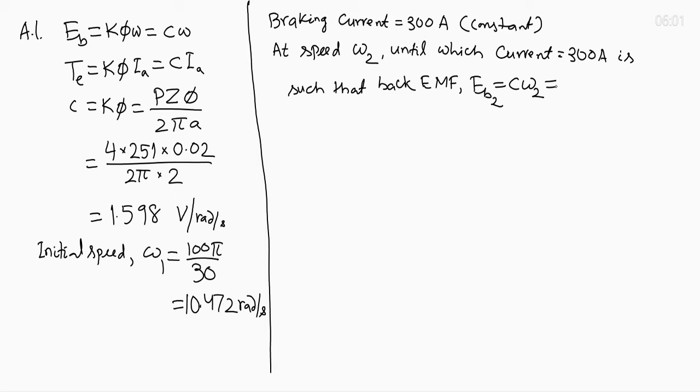What is the value of EB2 at this speed omega 2? The braking current is still 300 ampere. So, it is IA into RA, and what is IA? IA is 300 ampere and RA is 0.02 ohm. So, it is 6 volt at omega 2.